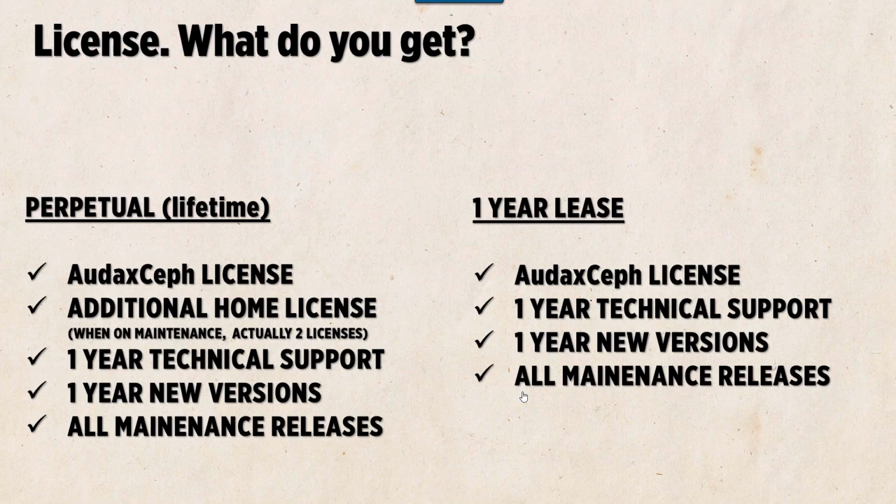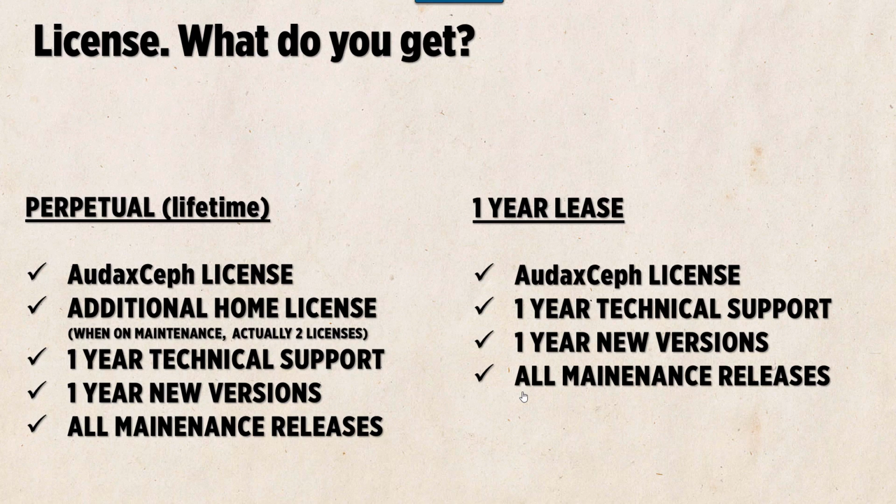When you purchase a license, what do you get? It depends whether you bought perpetual, that is lifetime, or 1 year lease. If you buy perpetual, you get on top of AudaxCeph license also some other things.